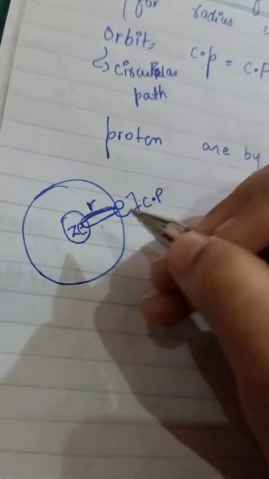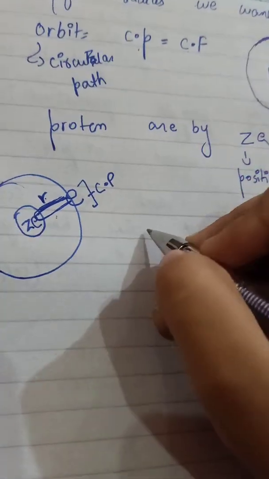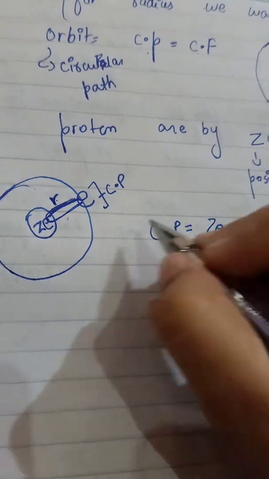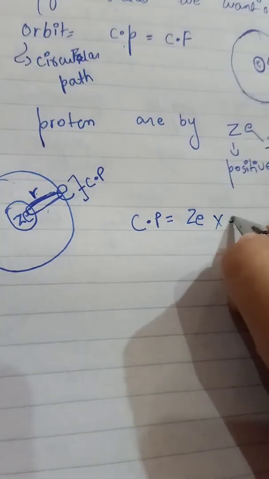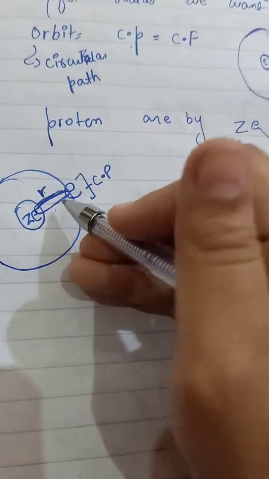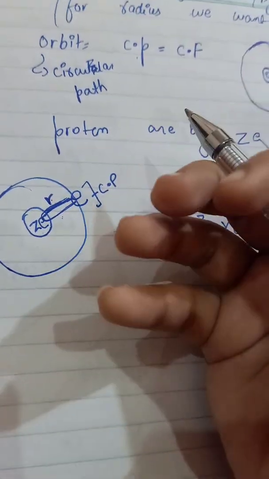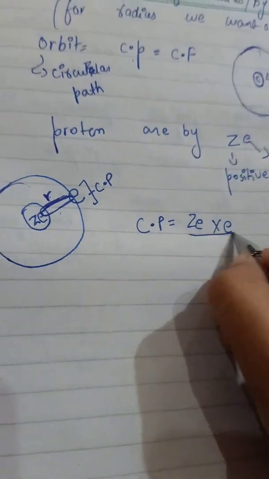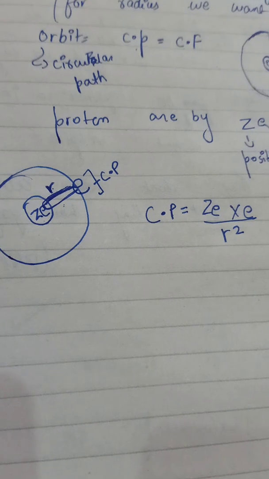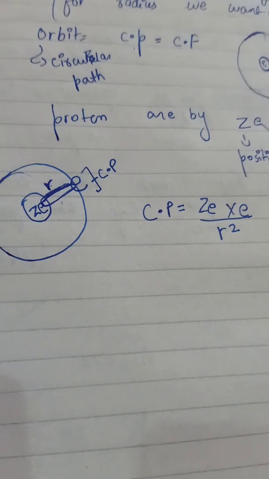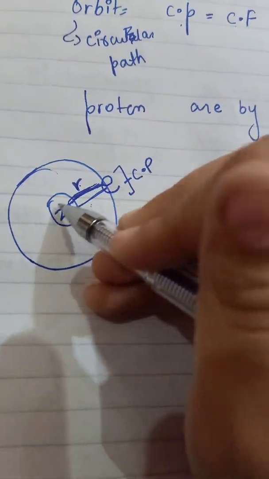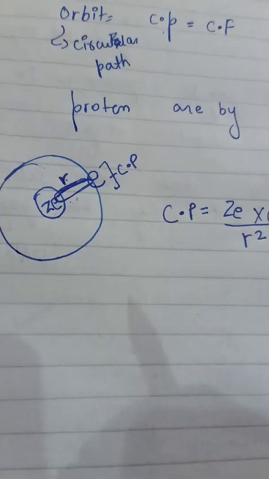The centripetal force is Ze, the proton, multiplied by e, the electron which the proton is attracting, upon r square. We put r square because the electron moves here and here, so there are two radii.